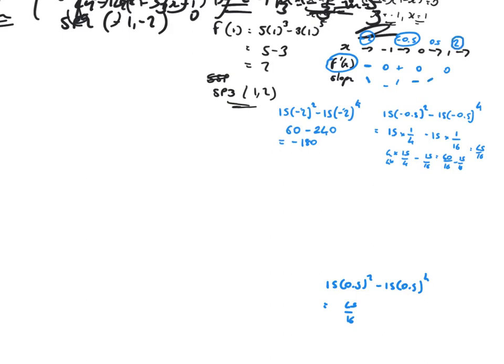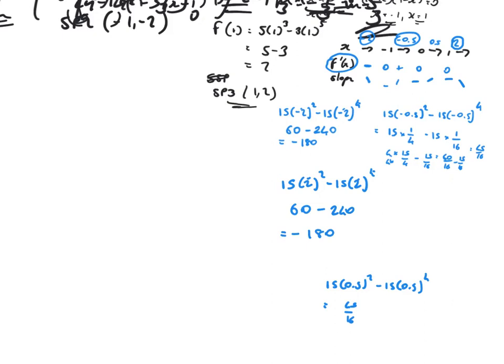Let's now investigate what's happening at 2. So 15 lots of 2 squared minus 15 lots of 2 to the power 4. Okay, 2 squared is 4 times by 15 is 60. 2 to the 4 is 16. 16 times 15 is going to be equal to 240, and that's going to be minus 180, and the curve is going down the way.